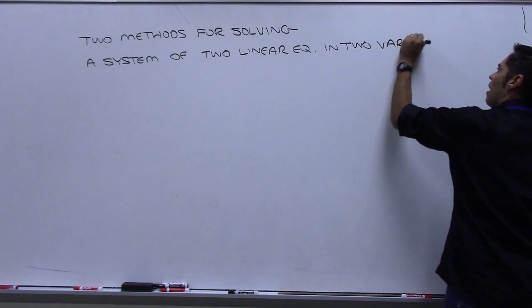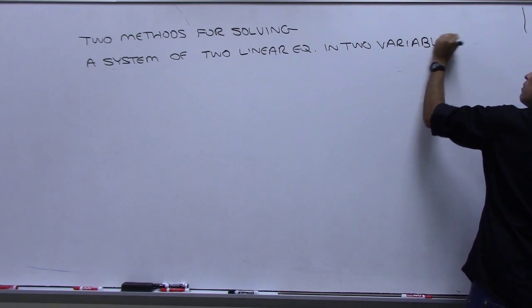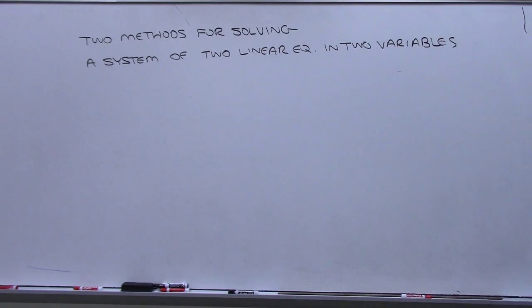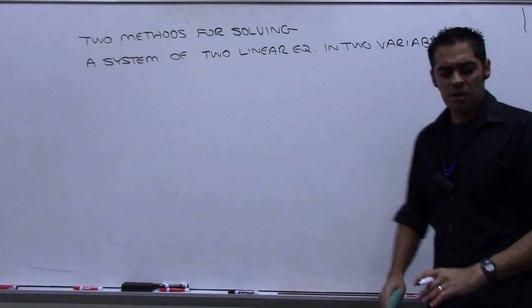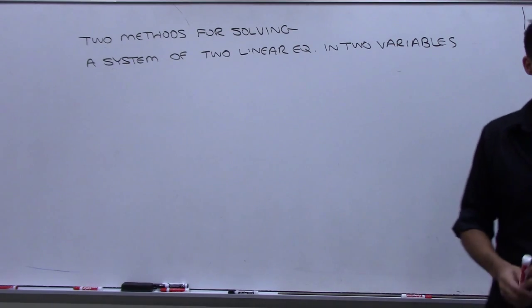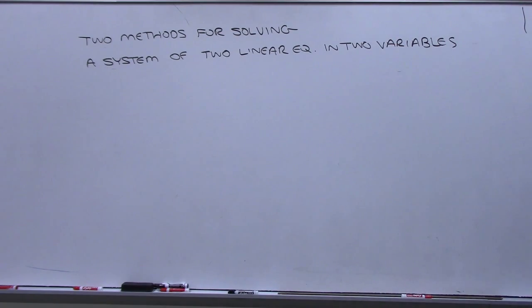Now that gets to be a pain to write over and over again, right? System of two linear equations in two variables. Would you agree? So we're going to start using shorthand notation, and this is going to come up in the next section, which we'll do next week, which has to do with what are called matrices.